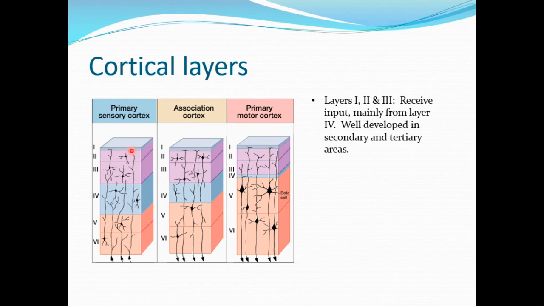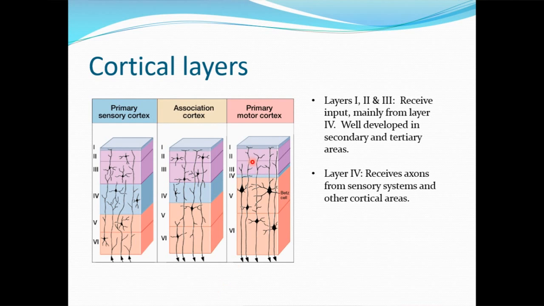So layers 1, 2, and 3, here they are in each area, receive input mainly from layer 4, and they're well developed in the secondary and tertiary areas. Okay. Layer 4, this one there, receives axons from sensory systems and other cortical areas.